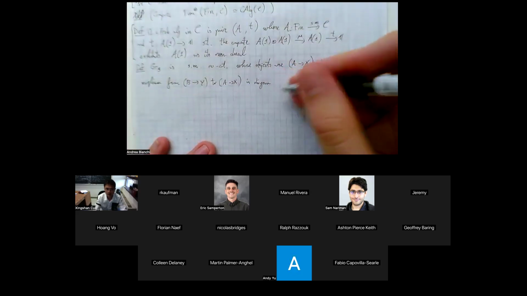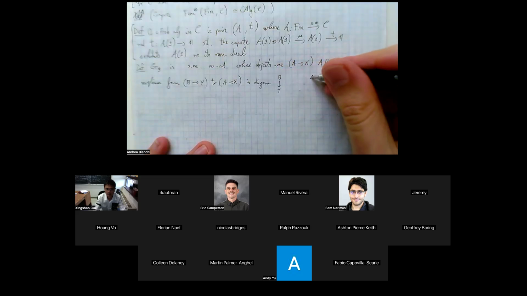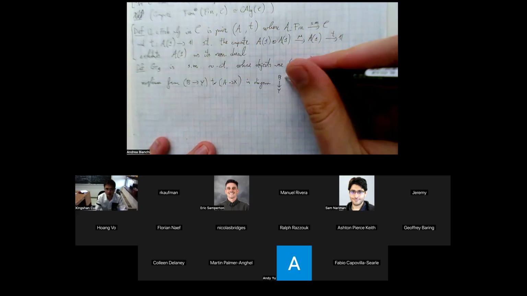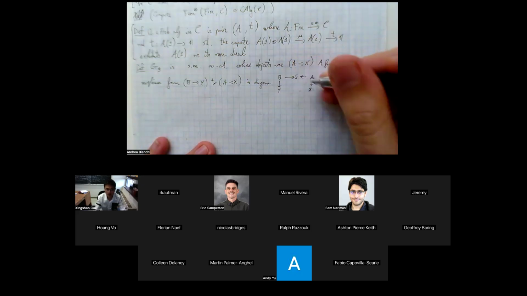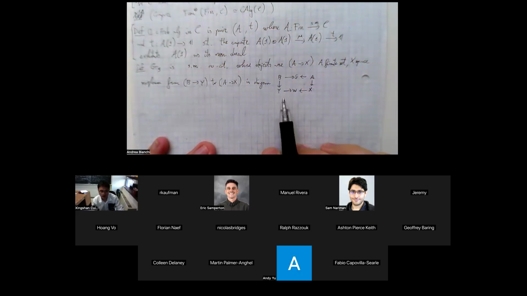We have B to Y, we have A to X, and in between we put a graph cobordism from B to A, and what we want is a graph cobordism from Y to X.